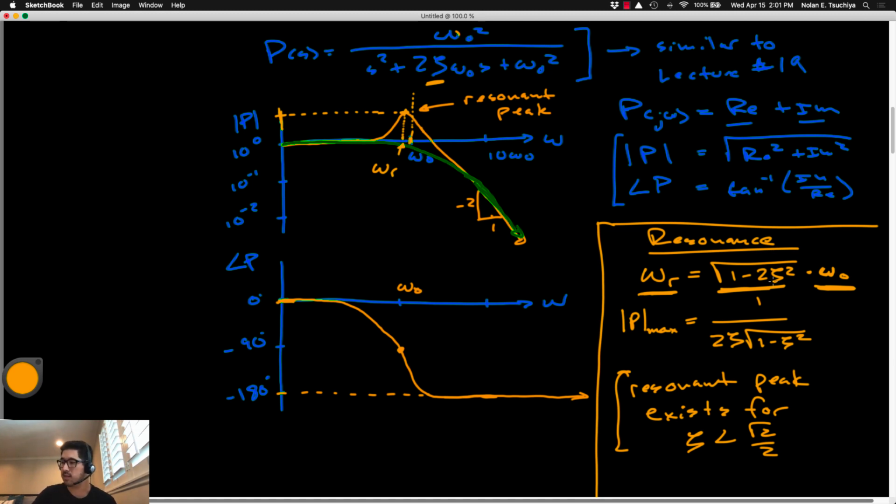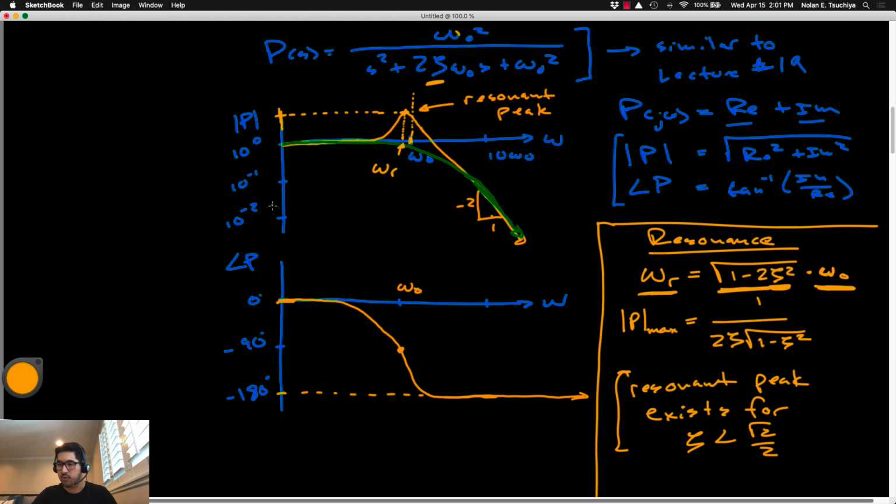Now you can see as zeta approaches 0, right, this parameter here, zeta, if the damping ratio approaches 0, then by definition you're approaching the undamped case, in which case the resonant frequency will align exactly with the undamped natural frequency. And that's only in the extreme case that zeta equals 0.